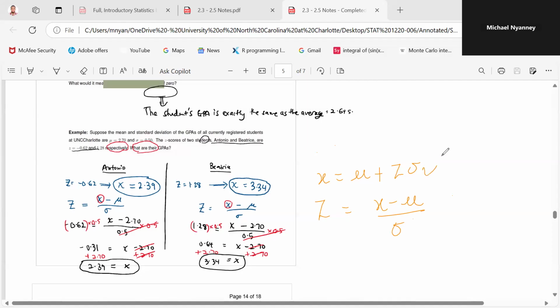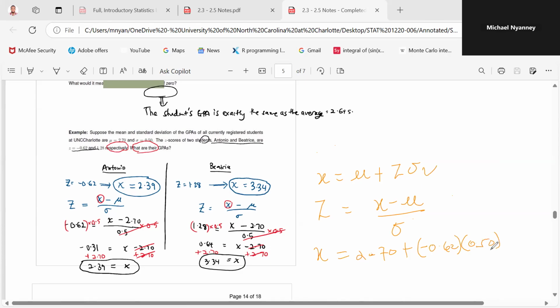Antonio has a z-score of minus 0.62. So Antonio will be equal to the mean of 2.70 plus the z-score of minus 0.62 multiplied by the sigma of 0.50.